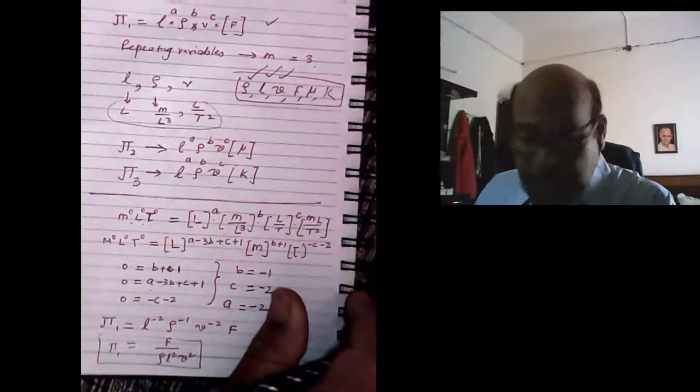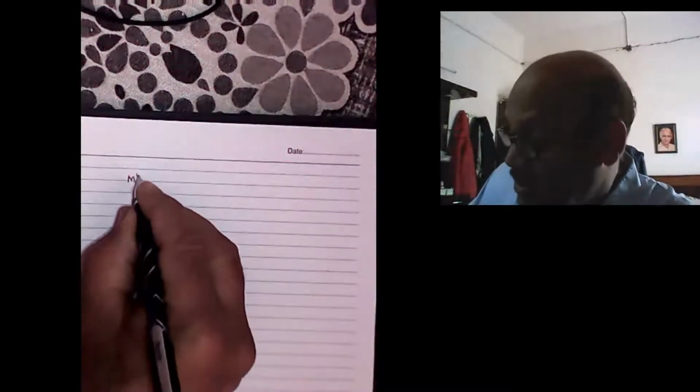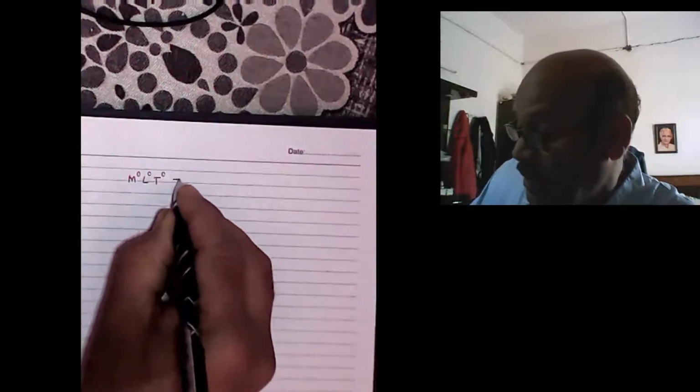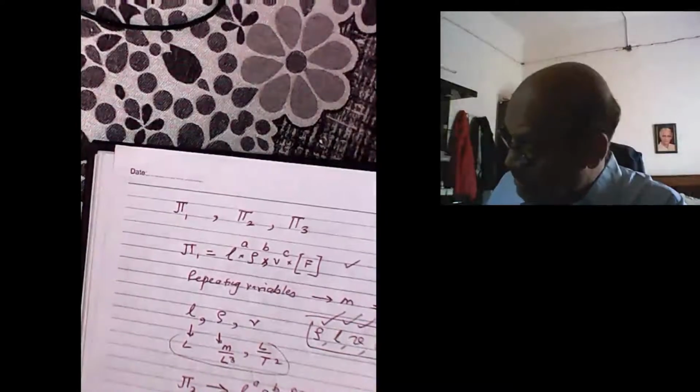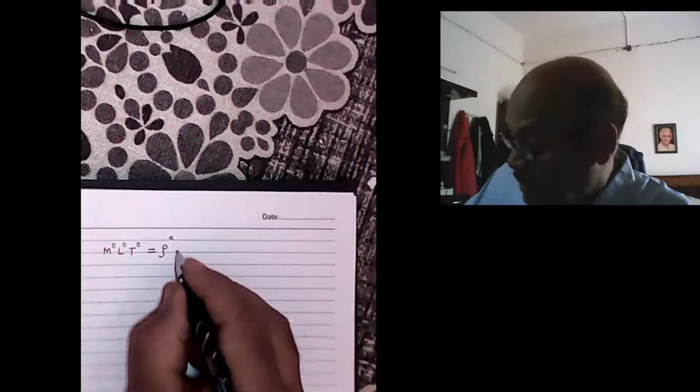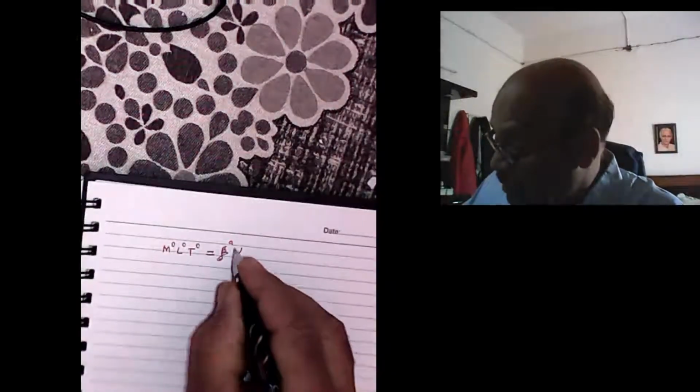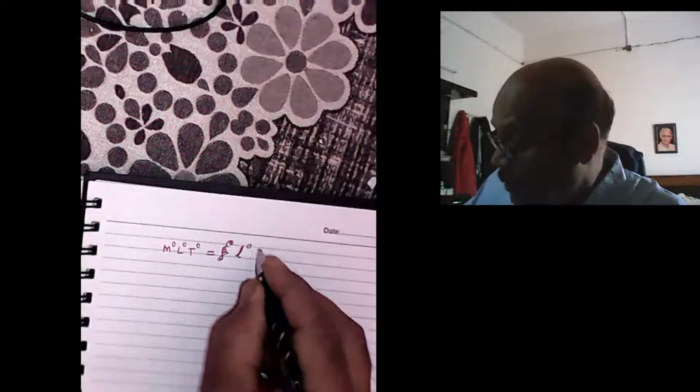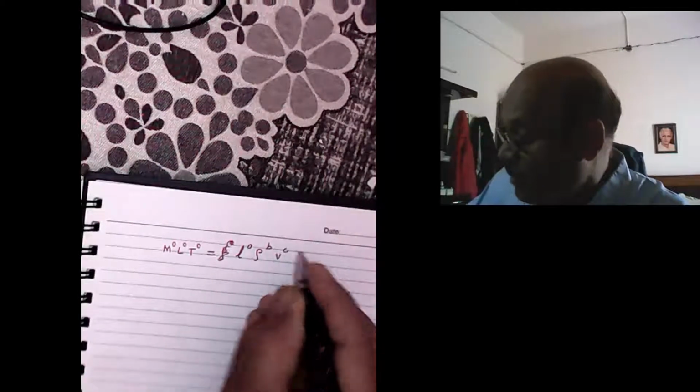Okay, so let me do the exercise for finding out pi 2 term. This is M^0 L^0 T^0 equal to, what is that, L raised to power a, rho raised to power b, v raised to power c, and for pi 2 we have taken mu.